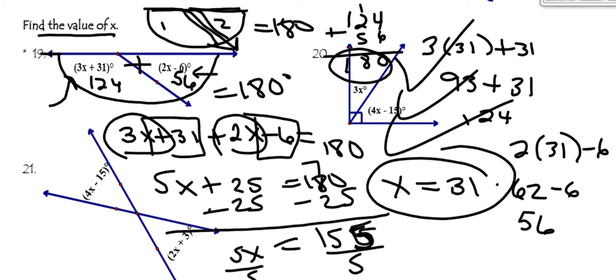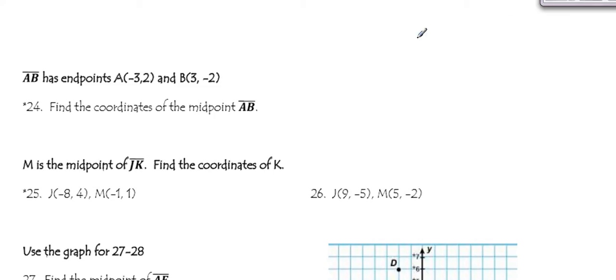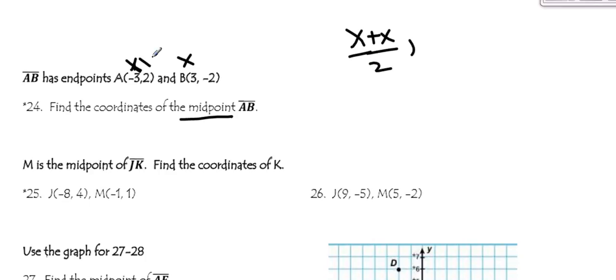We did it right. Number 24, find the coordinates of the midpoint. They are just straight up asking us for the midpoint of segment AB. Well, midpoint formula. We want to find the average of our x values, and we want to find the average of our y values, and write them as a set of coordinates, x and y.